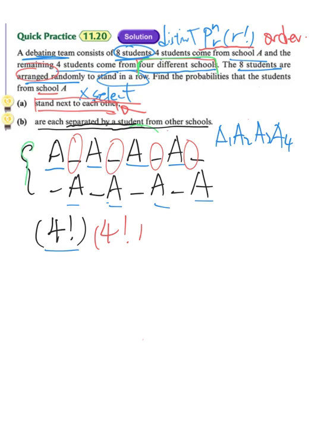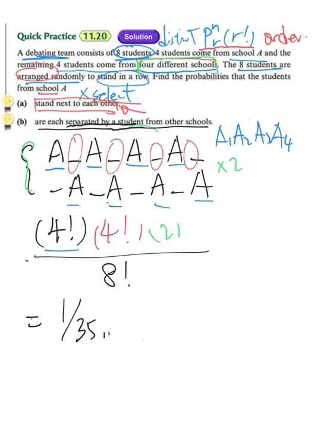Also we have these 2 situations from both for the similar mechanism to separate them, so that's why we need to multiply by 2. Finally is the denominator, again 8 factorial. So that's why the answer is 1/35. So that is question 20.